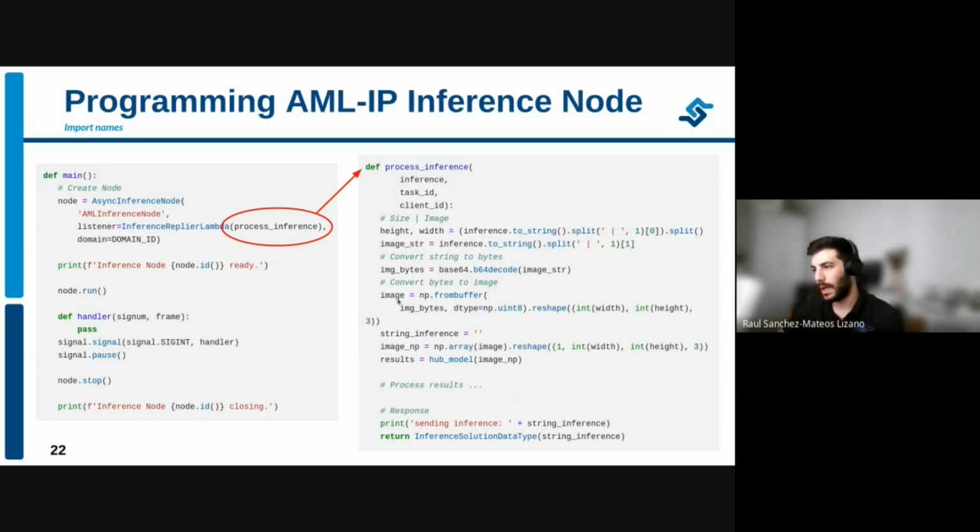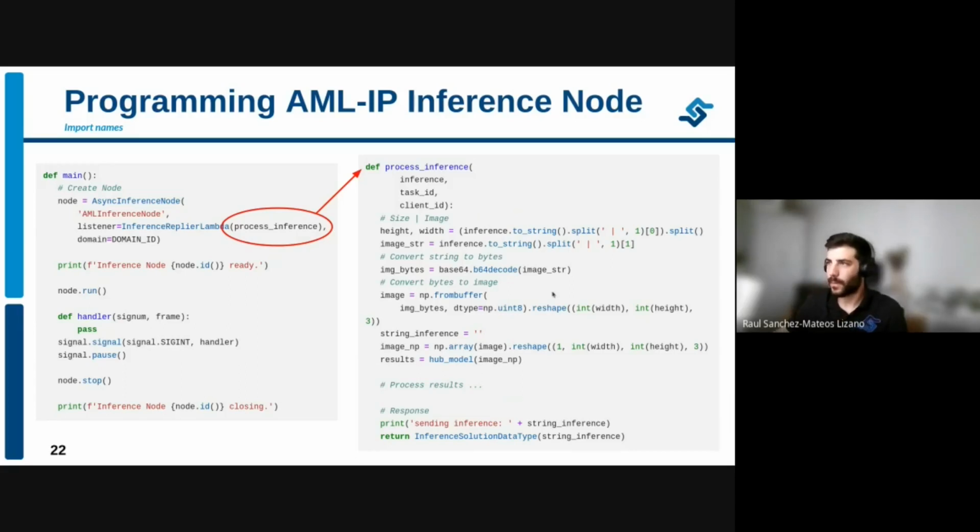But apart from that, once we have all the results processed, we can continue with the response. And the response is just about returning the inference solution data type with the actual inference in a string format. That's everything that we need to do here.